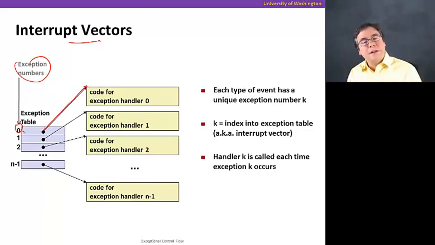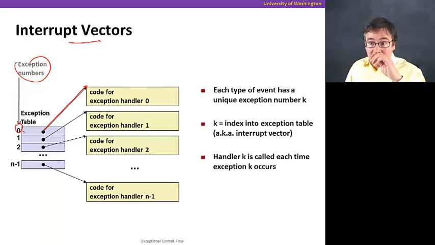So the interrupt vector is just a table that's indexed by the exception number, and the contents of this table is a pointer to the first instruction, the block of code that deals with that exception. So it's an indirect jump table.